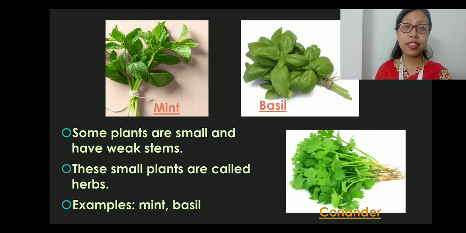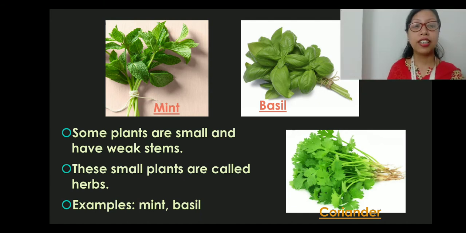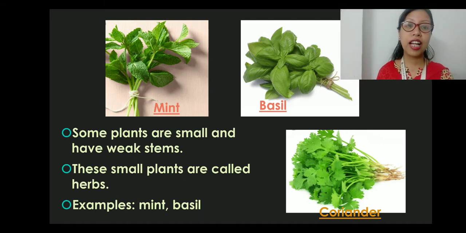Now these plants are called herbs. So the plants which have weak stems are called herbs. For example, mint and basil. Now as you can see on the screen, the first picture is the mint, then second is the basil, and the third is the coriander.